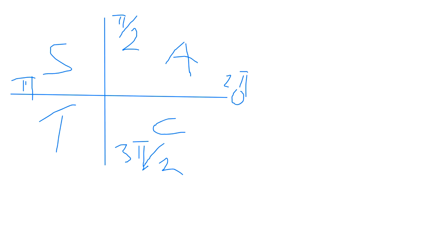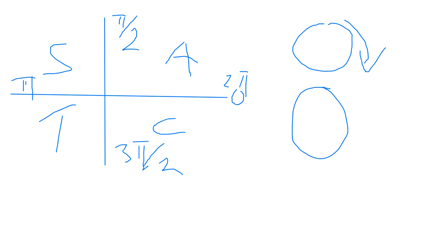Now, we also have to note that the clock goes in this direction. So we call this one clockwise. Then when you have something like this, we call it anti-clockwise. This is clockwise.